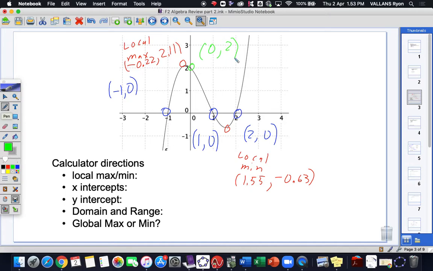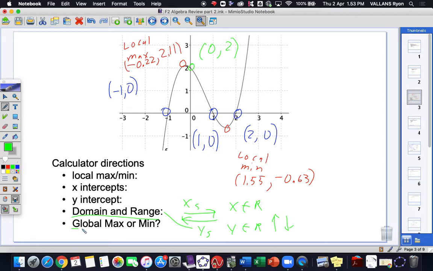Now, domain and range. Domain is my x's. So if I look at left and right, is there anywhere it cuts off? No. So my domain would be x is an element of all real numbers. It's everything. Range, which is your y's, is also an element of all real numbers because up and down, it never ends. It keeps on going.